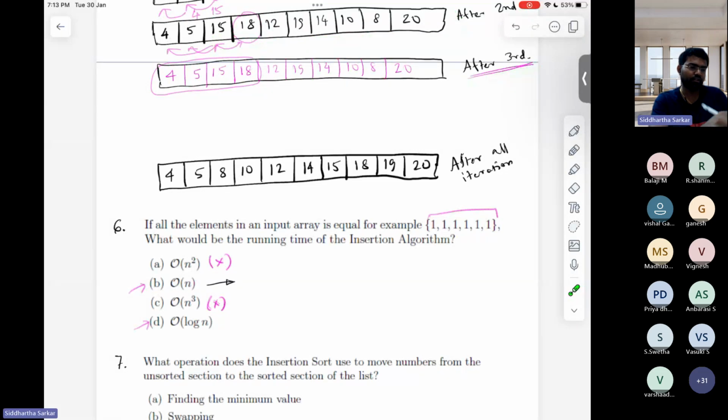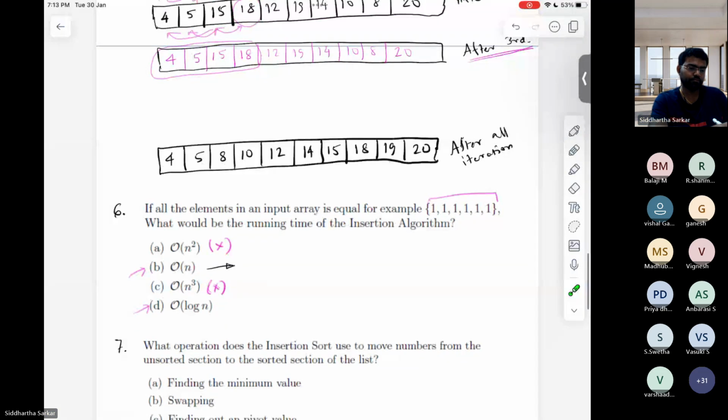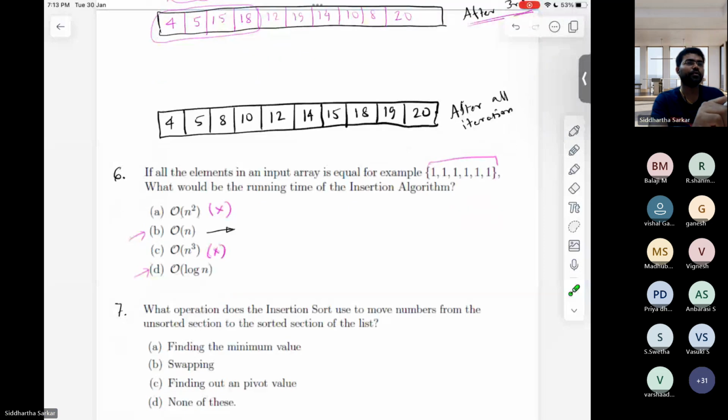So what are the operations we have done? It is easy to answer. If we have swapping, Ganesh is saying swapping, that is right. Both Ganesh and Madhubalan are saying swapping.